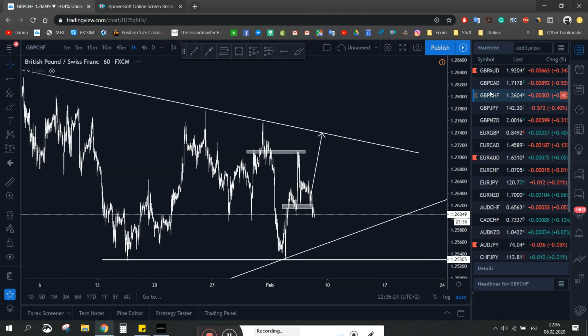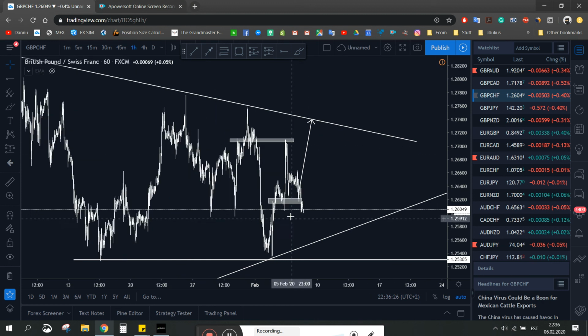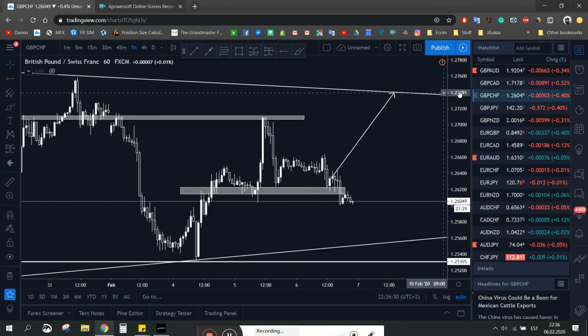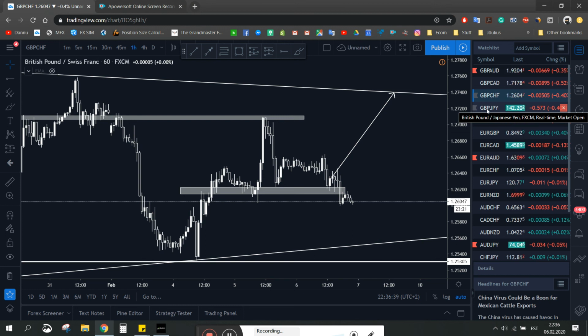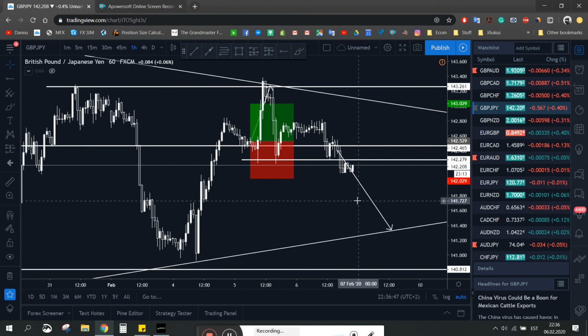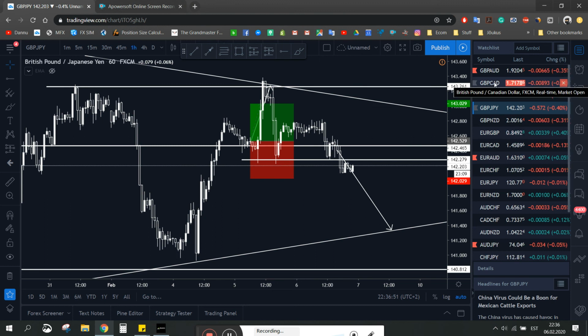GBPCHF and GBPJPY are really similar, the price between those two. 1 hour from February 4th to February 6th, right? Where are we now? Oh, it's the 6th.